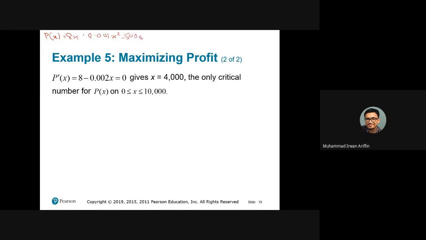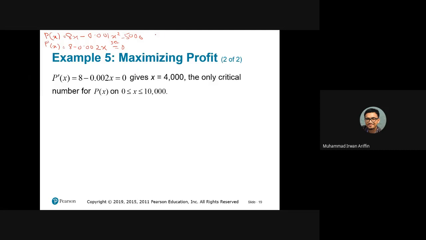So how do we differentiate this? The first derivative would be 8 minus 0.002x. And then we set it equal to 0 in order to find the critical numbers.